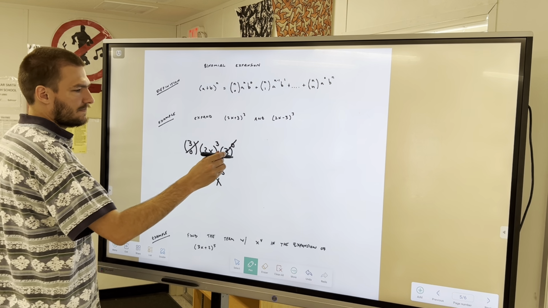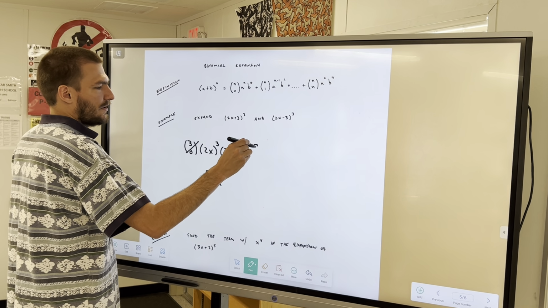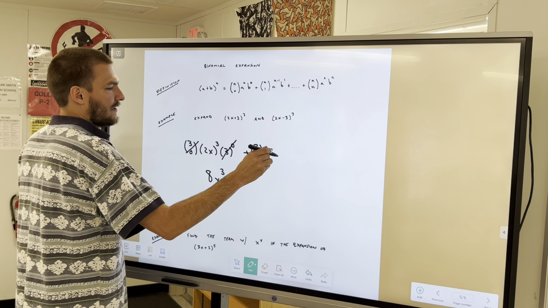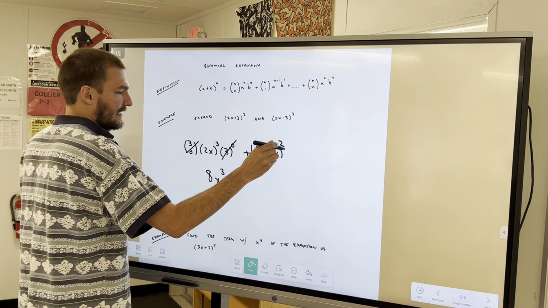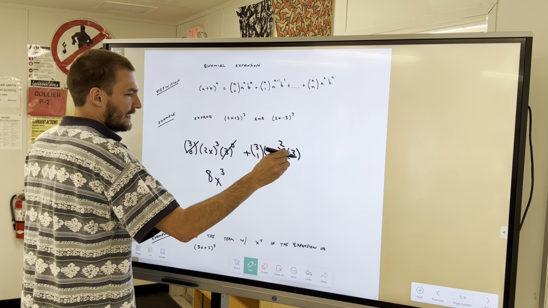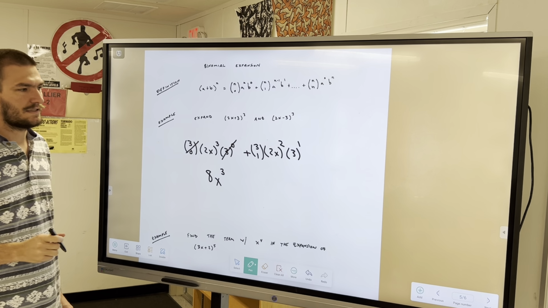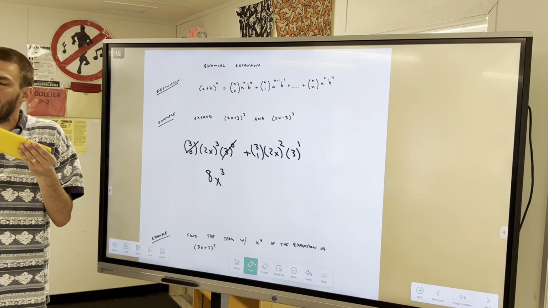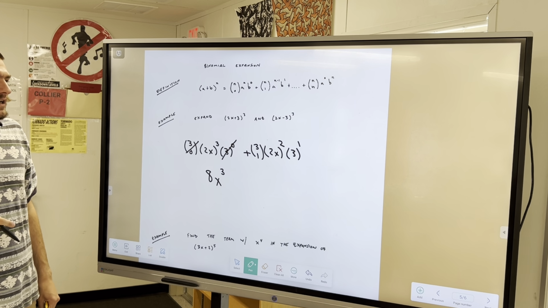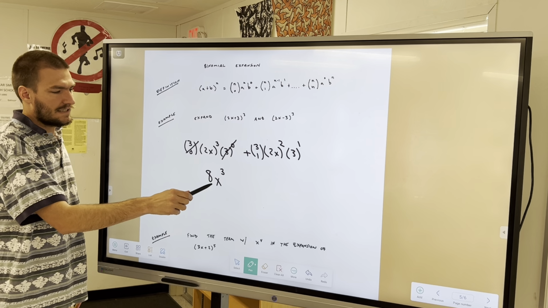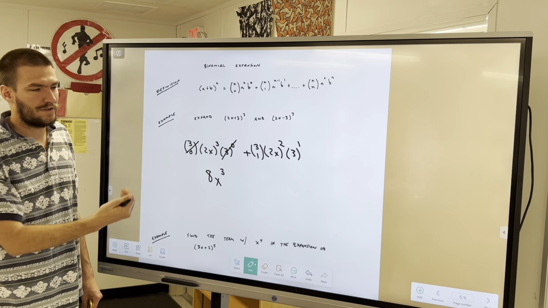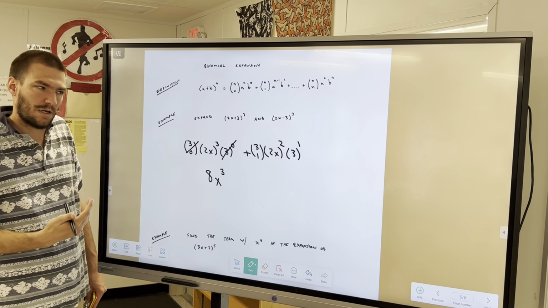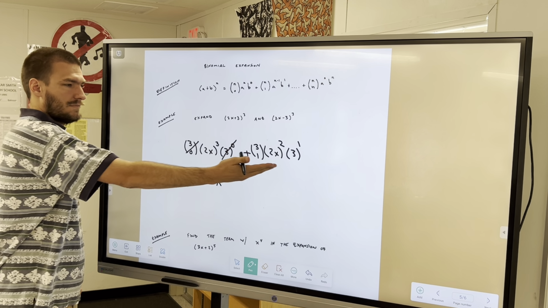Our next term is going to be 3 choose 1 with 2 of the a's and 1 of the b's. Again, it's the same pattern we've been doing all day. It just looks a little bit harder because we have those numbers and letters introduced. It's like we're taking this and we're losing one of the 2 x's, putting it down to 4x squared. And then we're going to be multiplying by 3 because of the 3.